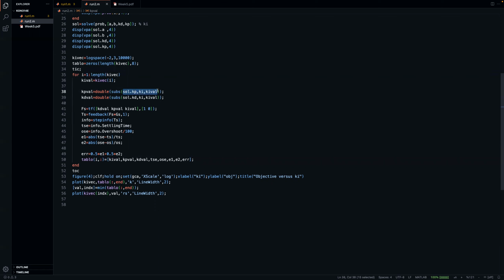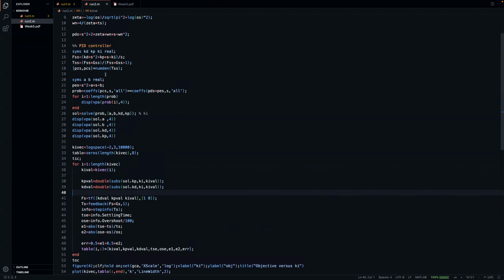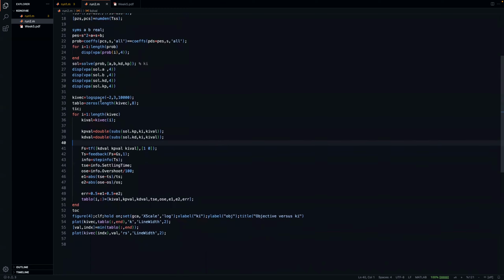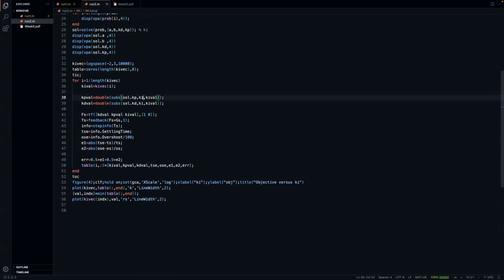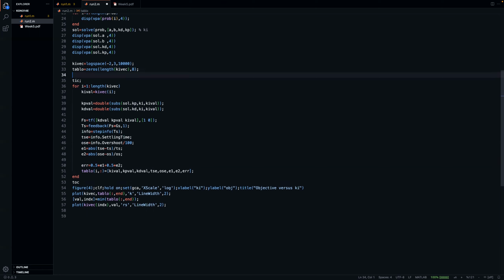Now, if we are defining the problem, it makes sense to use this. But here we're just plugging in a numerical value, and it doesn't seem to work well with using subs. And we can actually fix that so that it becomes faster.